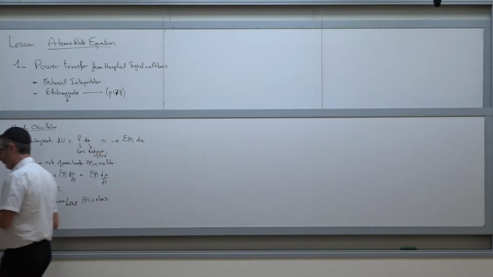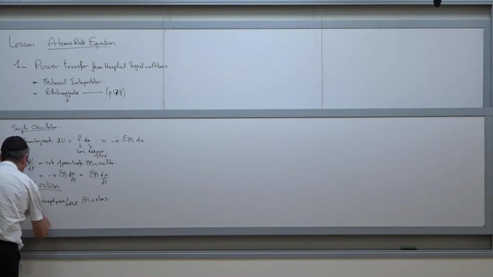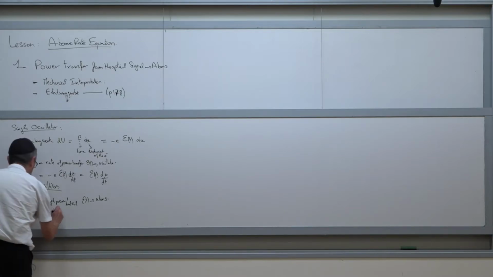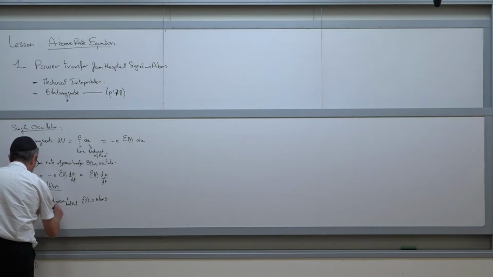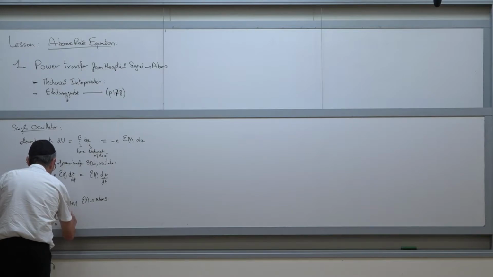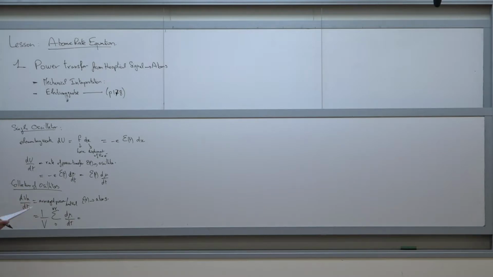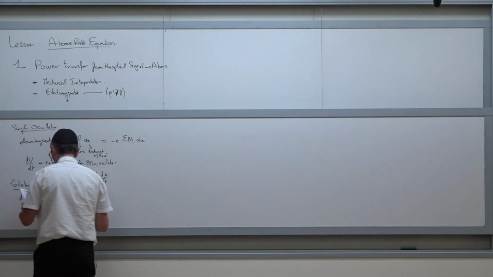So du_a over dt is just a sum: 1 over V for the normalization, sum from 1 to N, the density number of atoms times the volume, of the derivatives of all the dipole moments, d mu_i over dt. This is what we called last time the electric polarization.